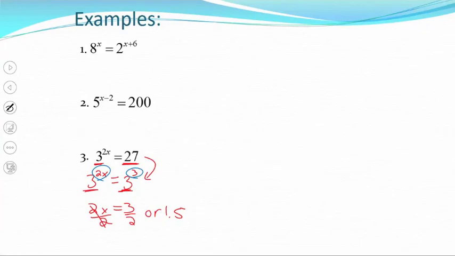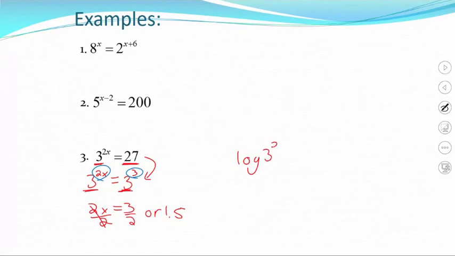For method 2, though, if you're using the other method where you put logs on both sides, this would be log of 3 to the 2x power equals log of 27. Well, if you're doing it this way, we'll move the exponent to the front. This will be 2x times log 3 equals log 27.